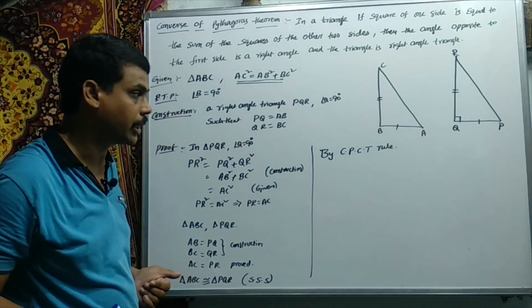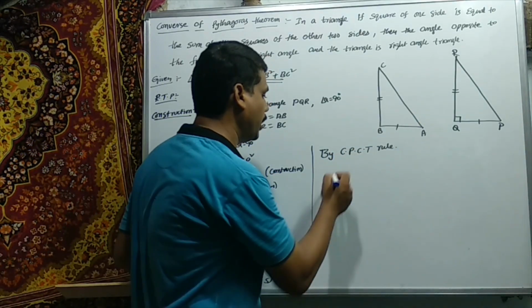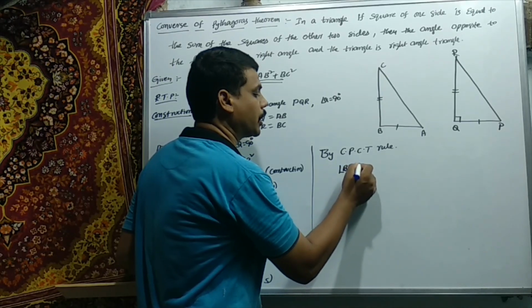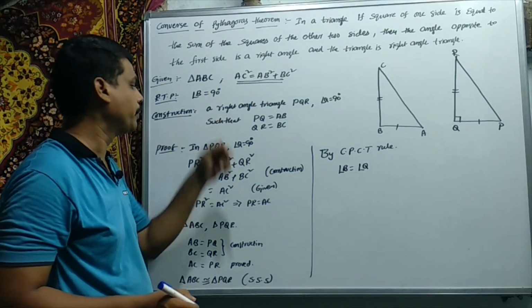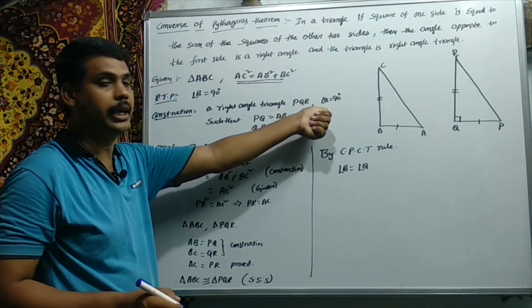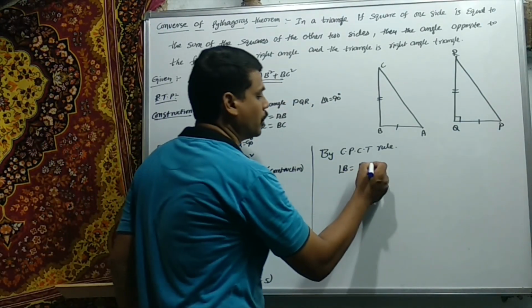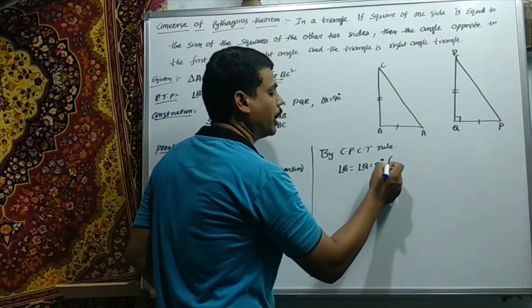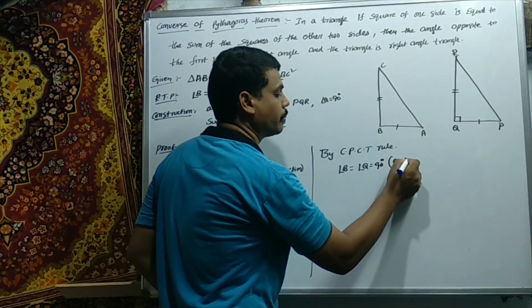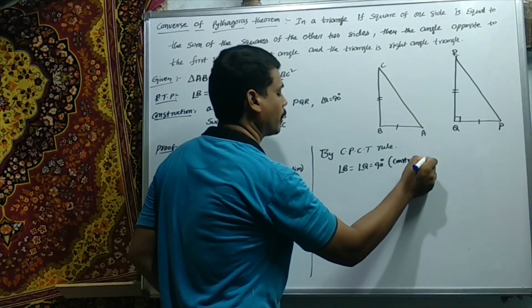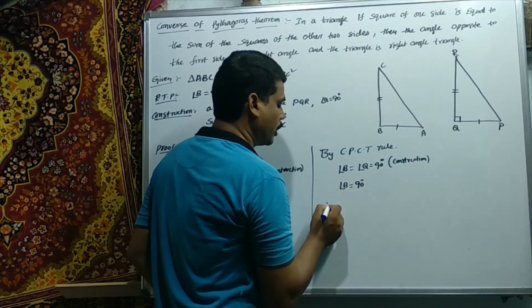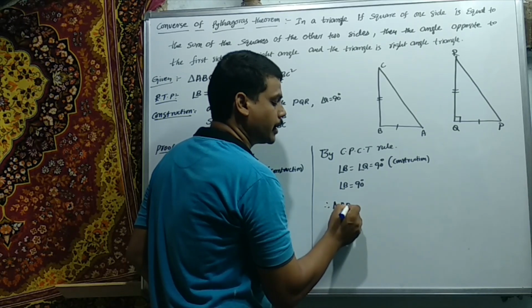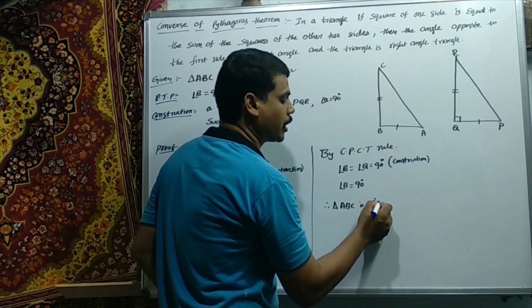Already the sides we have taken. Now angle B is equal to angle Q, and angle Q we took as 90 degrees in the construction part. So it is equal to 90 degrees. So you conclude that angle B is equal to 90 degrees. Therefore the triangle ABC is a right angle triangle.